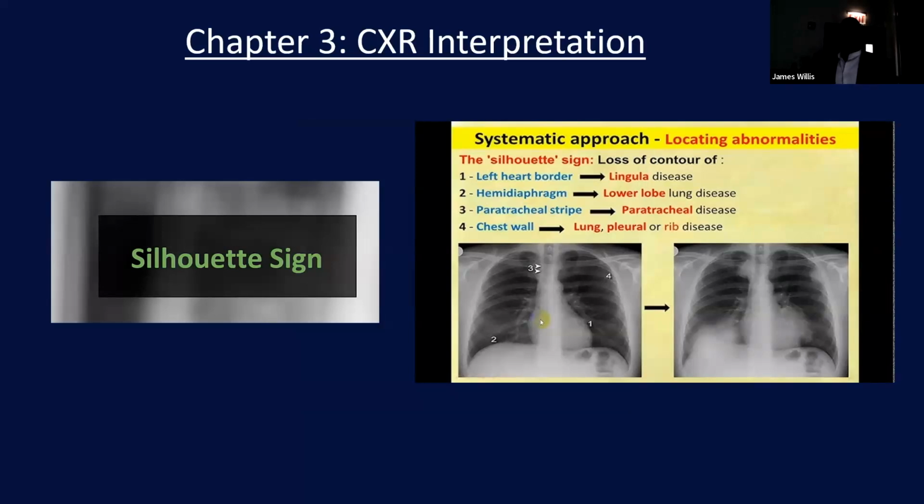More so is going to be a lower lobe lung disease as opposed to a lung or pleural or rib disease, like in the case of the chest wall in point number 4. Just want to say a positive silhouette sign does not necessarily mean that you only have pneumonia. It's based off of the location on the actual chest X-ray.